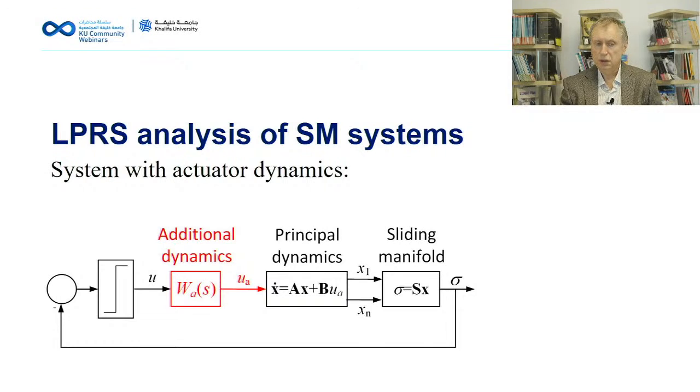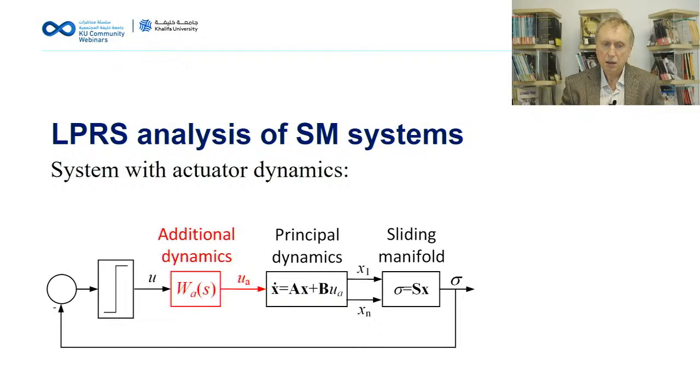So if we disregard what is given in red here, we will have the LPRS of the system that has relative degree of 1, and we don't have the point of intersection with the real axis. We have an ideal sliding mode.